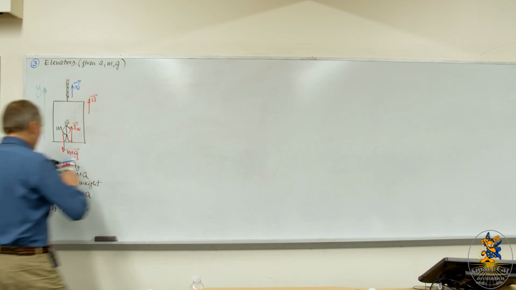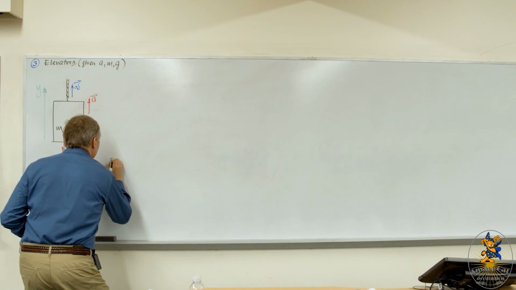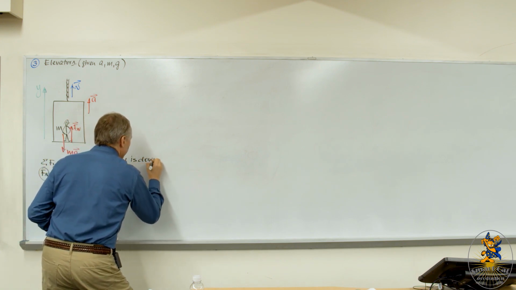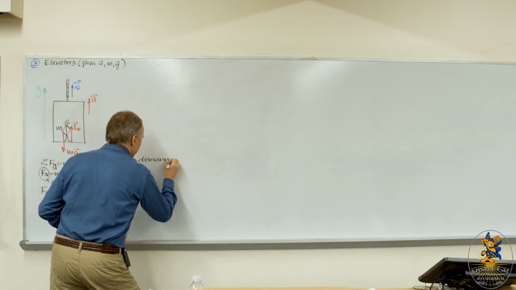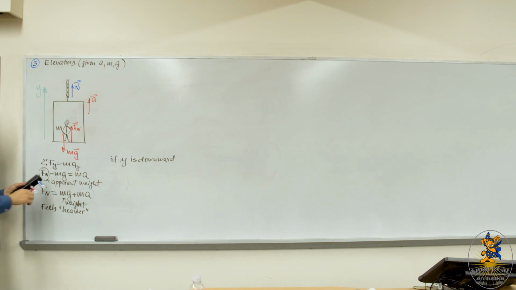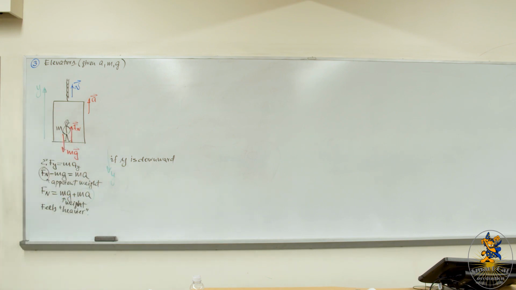So now let me just quickly, what if the y-axis is downward? Okay, not up, but down. So the same problem, but what if I change the coordinate system? So what happens to this equation? A normal force now would be, relative to this direction, negative. mg will be positive.